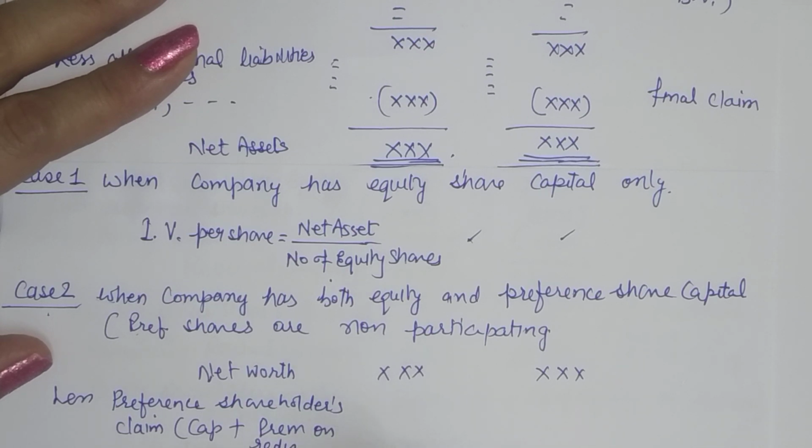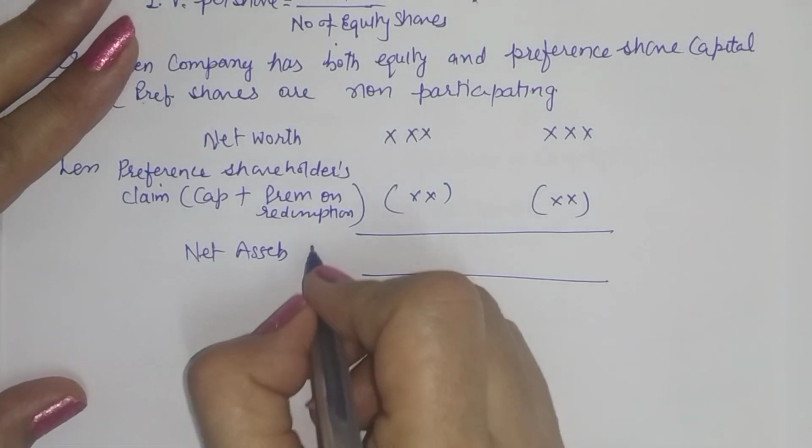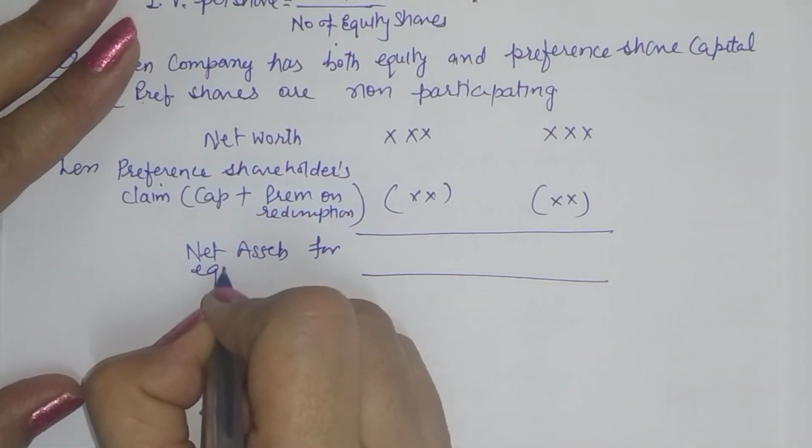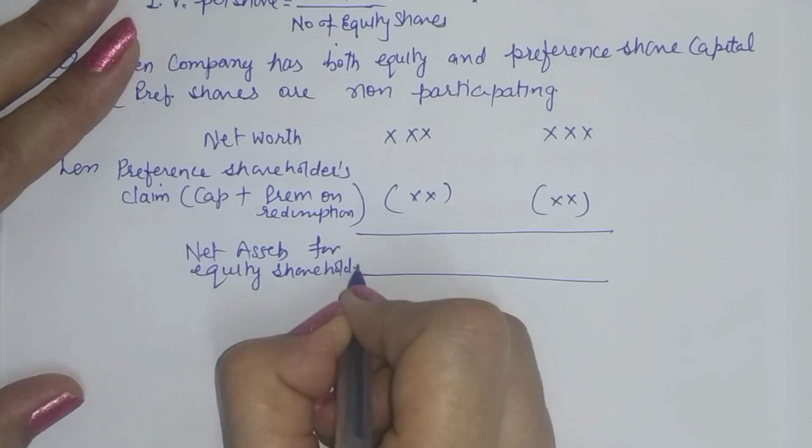So their capital plus premium will be recorded. Once you pay this, you are left with the net assets for equity shareholders.